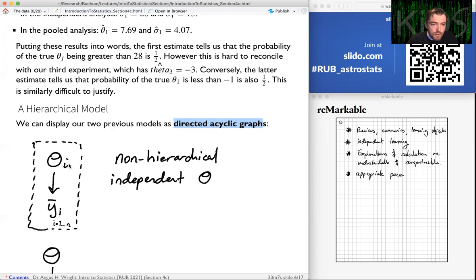So we have some parameter, theta, and in this case, theta is independent for every experiment. So as you go from i equal to 1 to n, or j in this case, you have an independent value of theta i, and that informs what you get out as your estimate with some noise. This is a non-hierarchical model with independent theta.